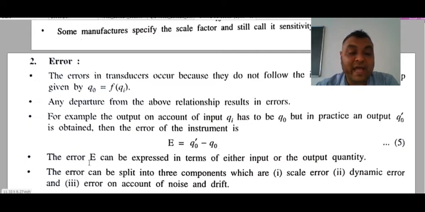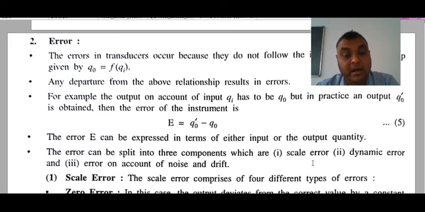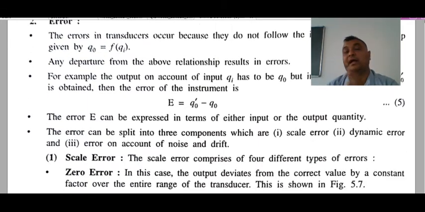So the error can be expressed in terms of either input or output quantity. हम एरर को कैसे एक्सप्लेन कर सकते हैं? या तो हमें इनपुट क्वांटिटी के रिगार्डिंग, either हम उसको आउटपुट क्वांटिटी के रिगार्डिंग एरर को मेजर कर सकते हैं भाई कितना हम इनपुट दे रहे हैं, ओके, और कितना हमें आउटपुट मिल रहा है. सो हम आउटपुट माइनस इनपुट करके उसको whatever the losses that occurred in that particular machine or in that particular transducer, we can easily measure the error from this equation.